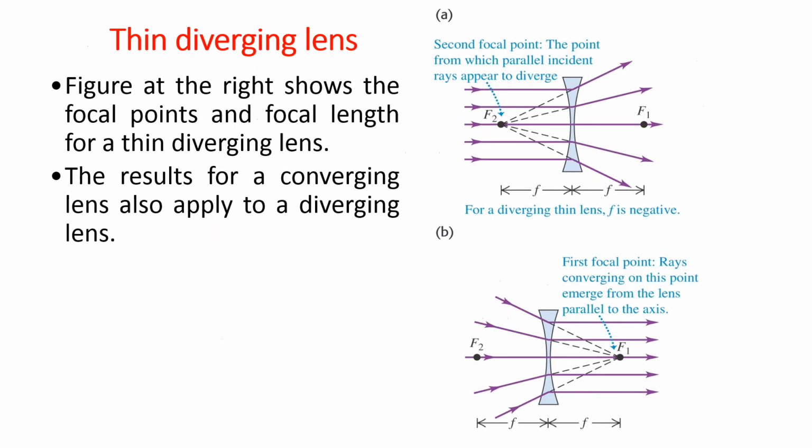And for a diverging lens, when a parallel beam of light from infinity is incident on a diverging lens, the refracted rays diverge, means diffuse in different directions. It's the reason why this type of lens is called a diverging lens.